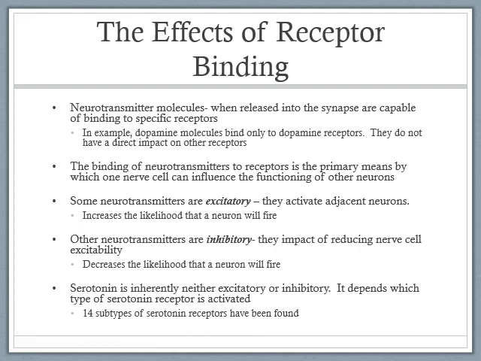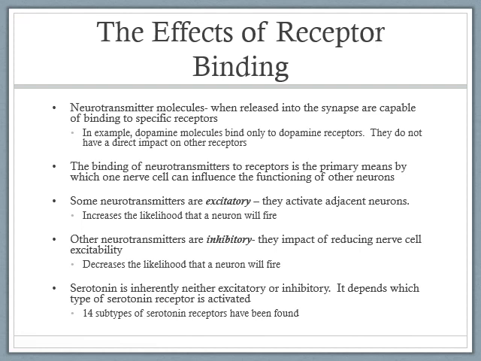So what are the effects of receptor binding? Neurotransmitter molecules, when they're released into the synapse, are capable of binding to specific receptors. For example, dopamine molecules bind only to dopamine receptors. They do not have a direct impact on other receptors. So think of it as being a lock and a key. The binding of neurotransmitters to receptors is the primary means by which one nerve cell can influence the functioning of other neurons.